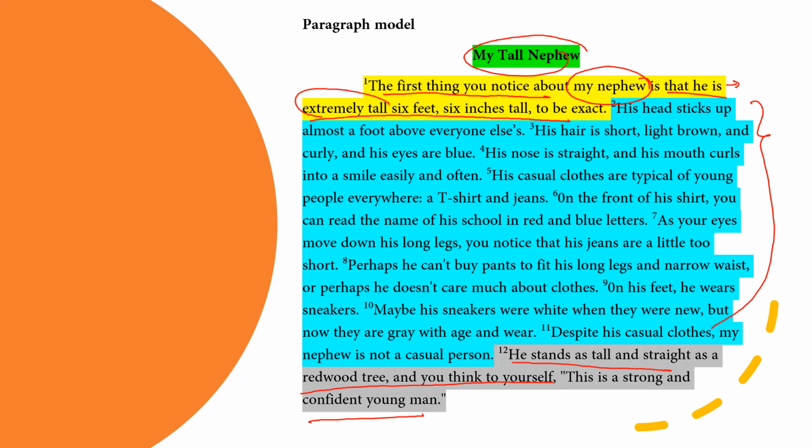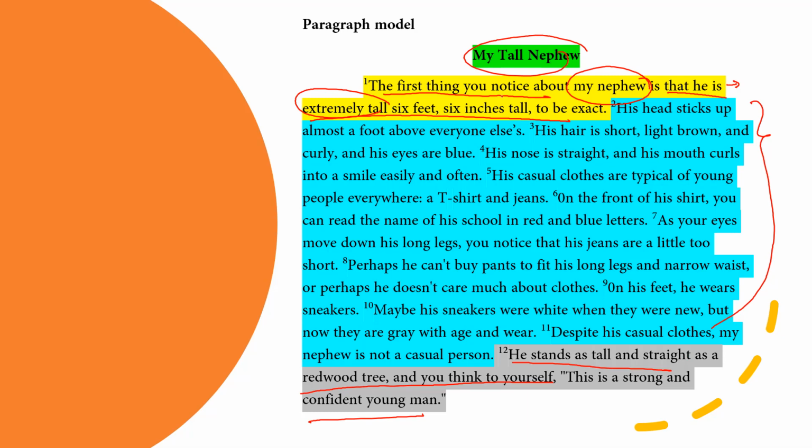This is the controlling idea that actually will be described by the supporting sentences afterward. And the sentences in blue color, the supporting sentences, tell about how tall his nephew is. And the last one is the concluding sentence, which is basically a restating statement of the topic sentence.